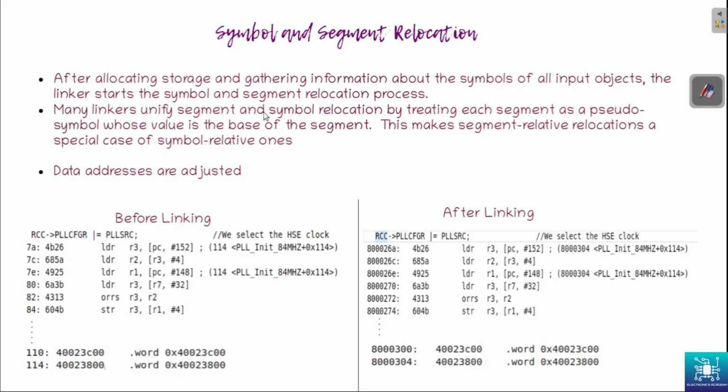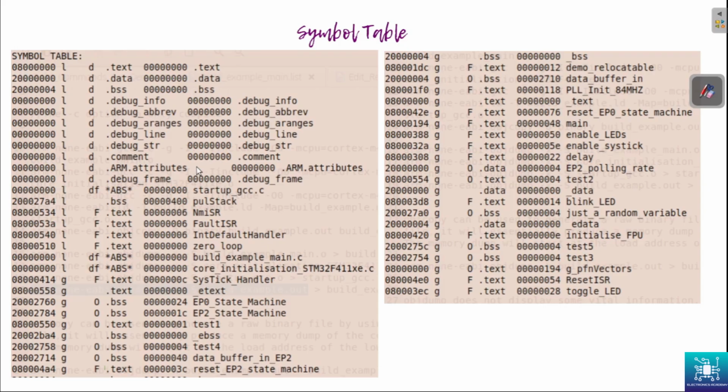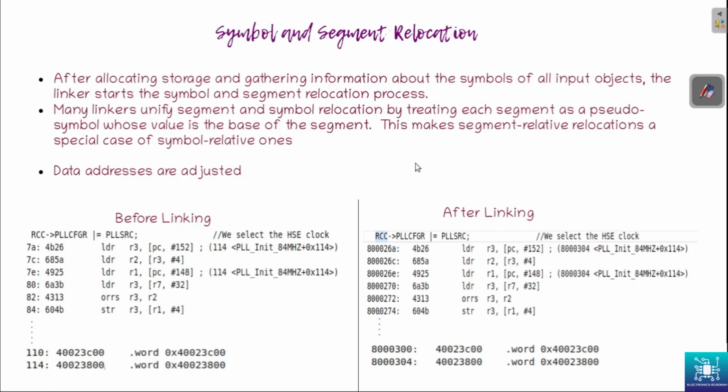That is, it treats the segment also as a symbol, and it makes it a special case of symbol relative ones. For example, we saw this before. These are actually segment names, but then it is treated as a symbol. So that is what is meant by a pseudo symbol.